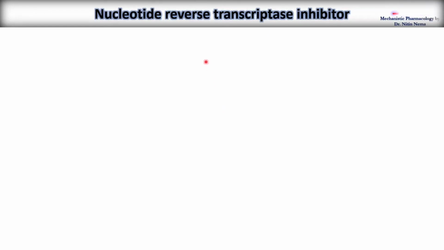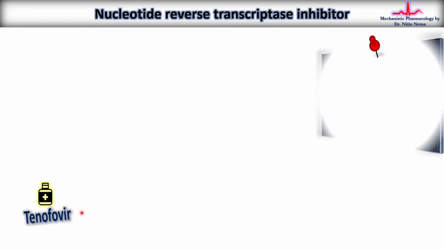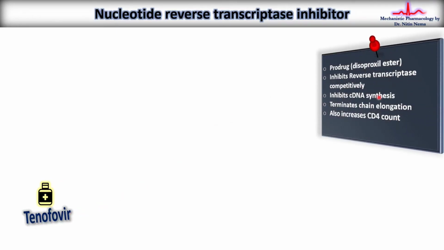Now, heading towards our next category, that is nucleotide reverse transcriptase inhibitors. Friends, the example of a drug belonging to this category is tenofovir. Due to less absorption of tenofovir, it is used as a disoproxil ester form, which is a prodrug.